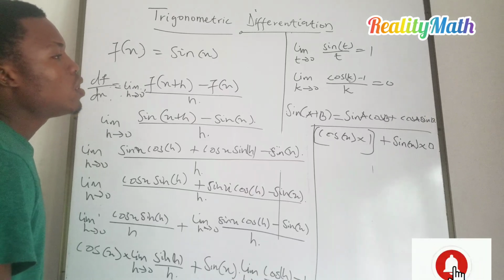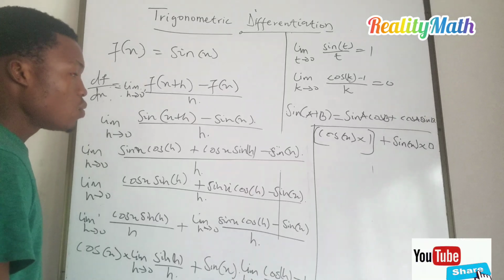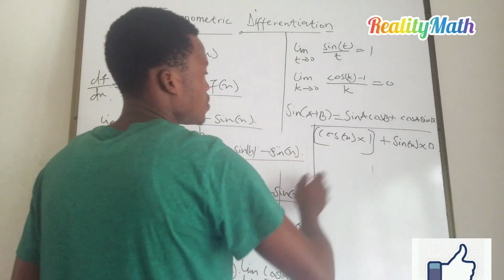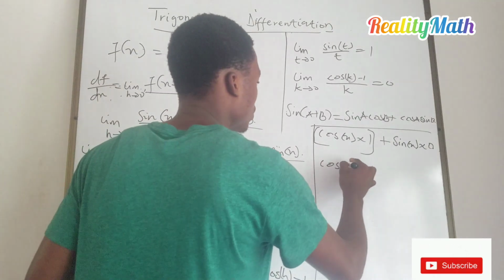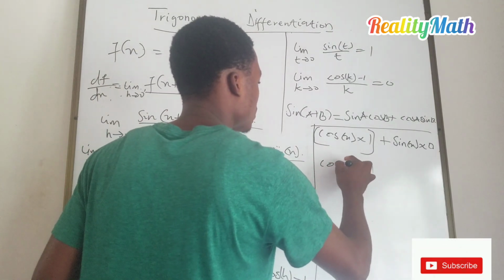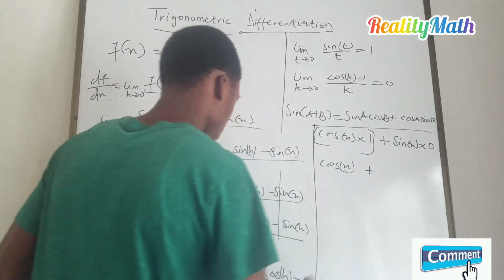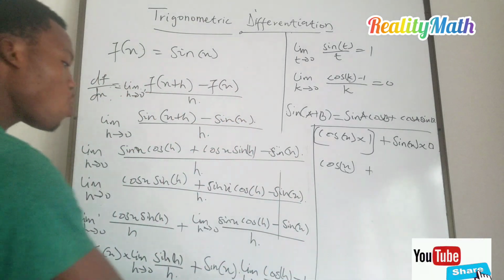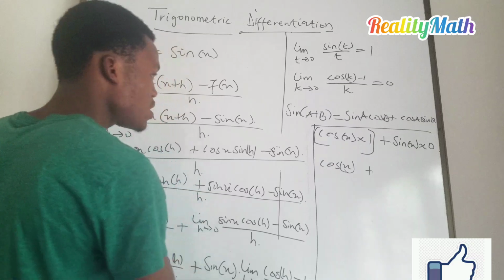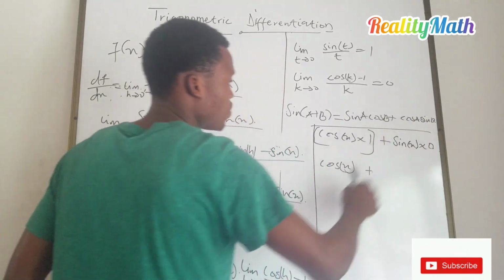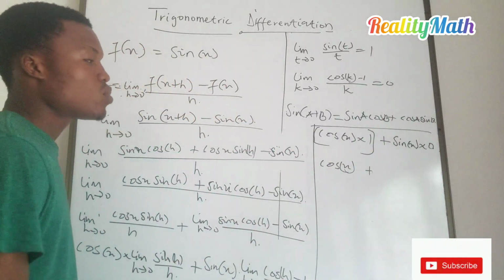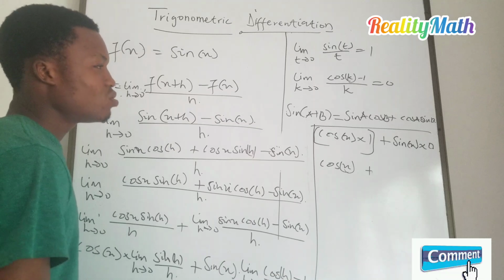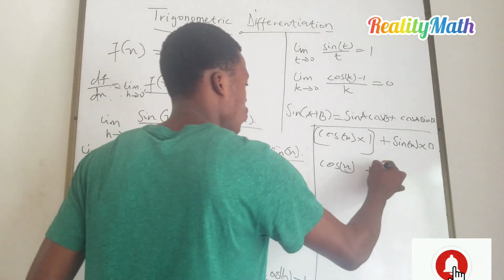So now we know that this is going to be cos x plus, because this is 0, and 0 multiplied by the whole function boils everything down to 0, so it has no strength. So plus 0.